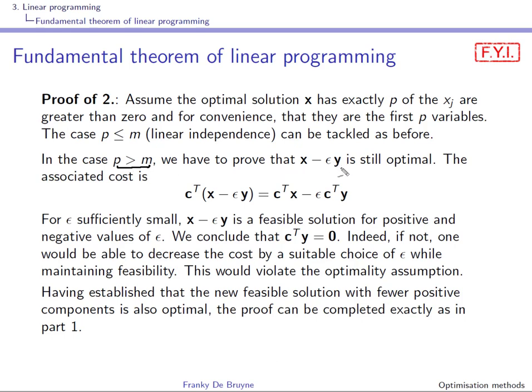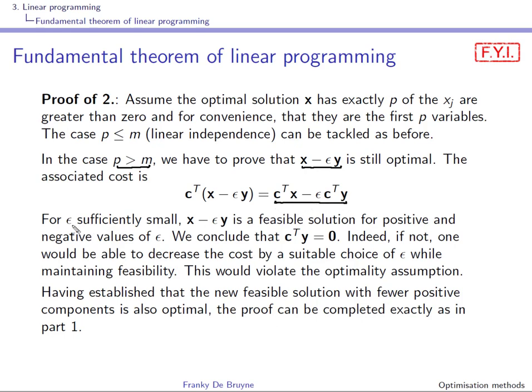Remember that we have found in the first part of the proof a solution x minus epsilon y, and we want to show that this solution is still optimal. To do this, we need to compute the associated costs, and this will be C transpose times this quantity. If we compute, this is what we obtain.